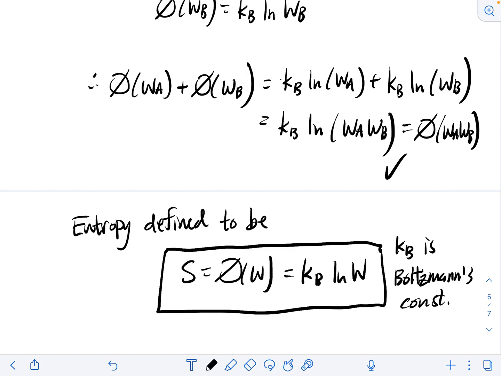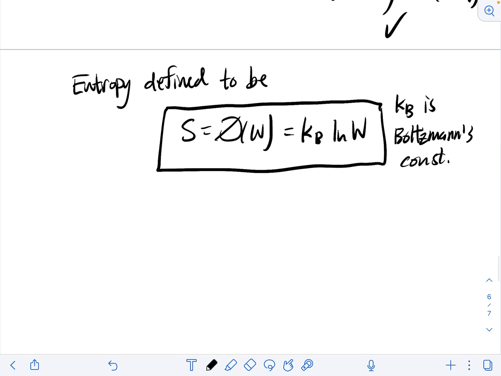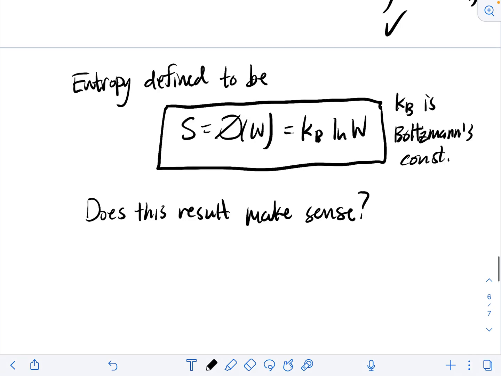Okay, so now let's go back and see if this result makes sense. Really what it's saying is that when there is a large number of microstates available, then the entropy is large. And when W is small, a small number of microstates, then the entropy is small.